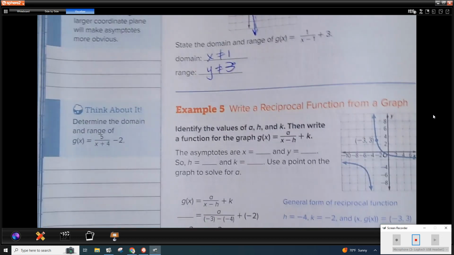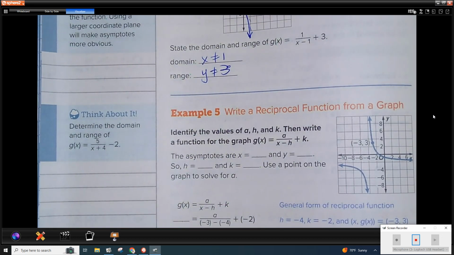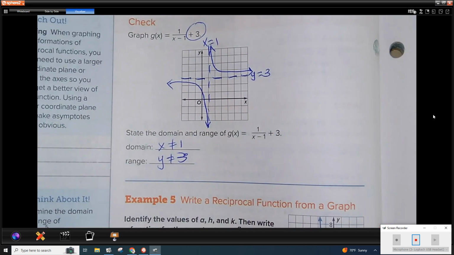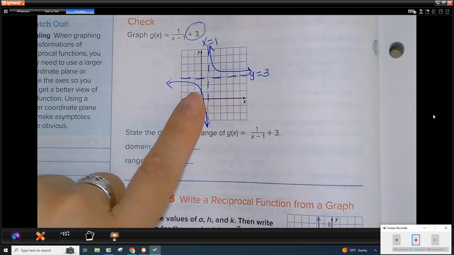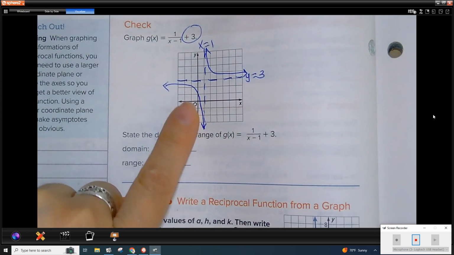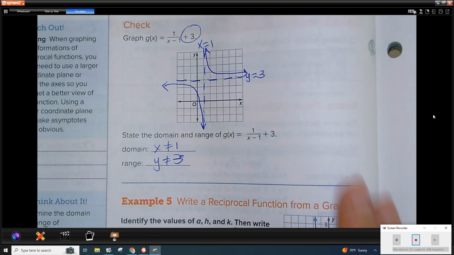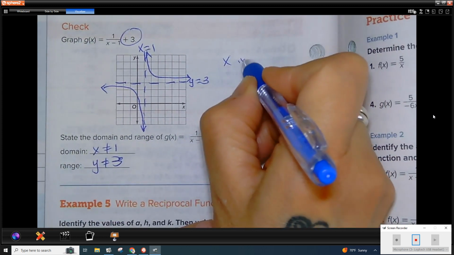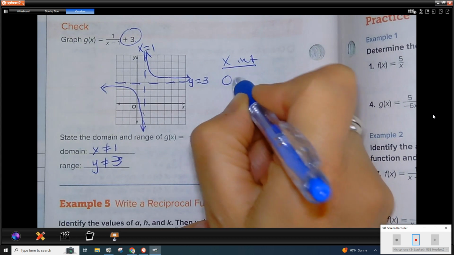Okay, so those didn't ask about finding your x and y intercepts, but this one definitely has a y-intercept and an x-intercept. We could find it on this one. So x-intercept is when y is 0.